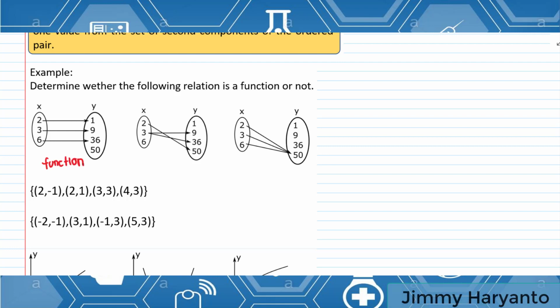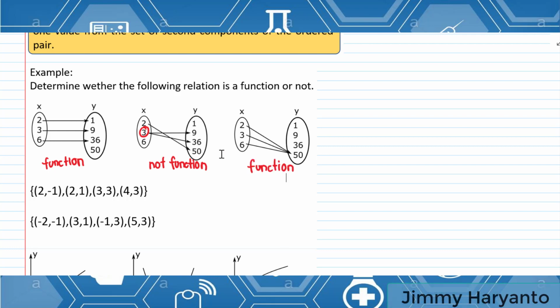For the second one, we can take a look at the 3 pairs up with 9 and then 3 pairs up with 36. One value of x pairs up with 2 values of y, it is not a function. And then for the third one, 2 pairs up with 50, 3 pairs up with 50, 6 pairs up with 50, it is a function because one value of x pairs up with one value of y.